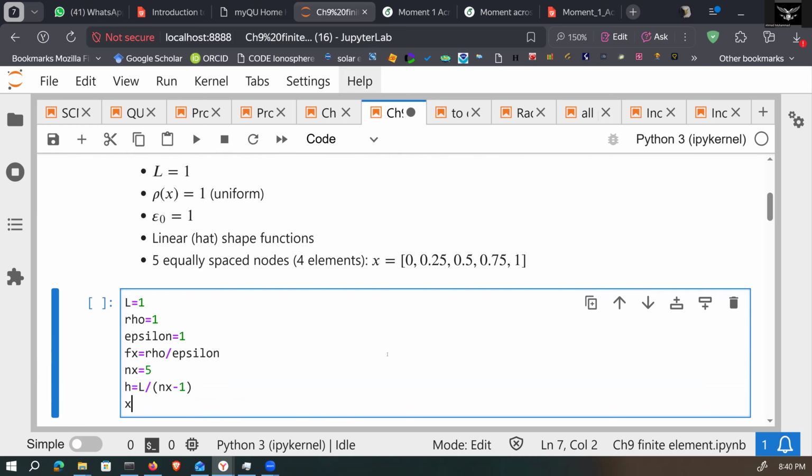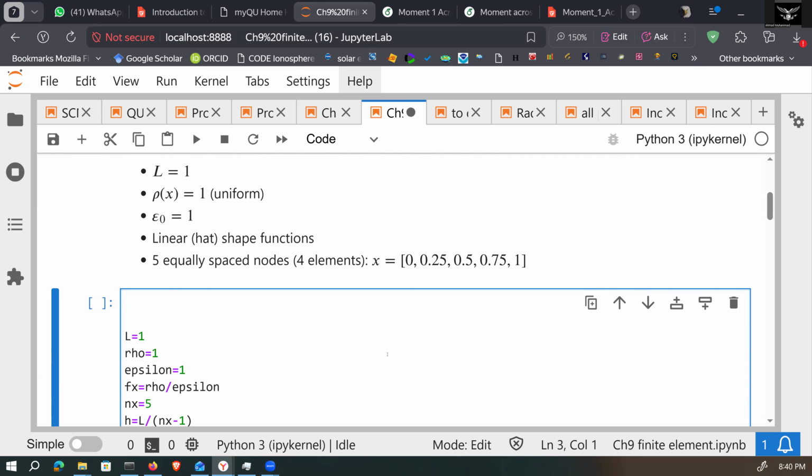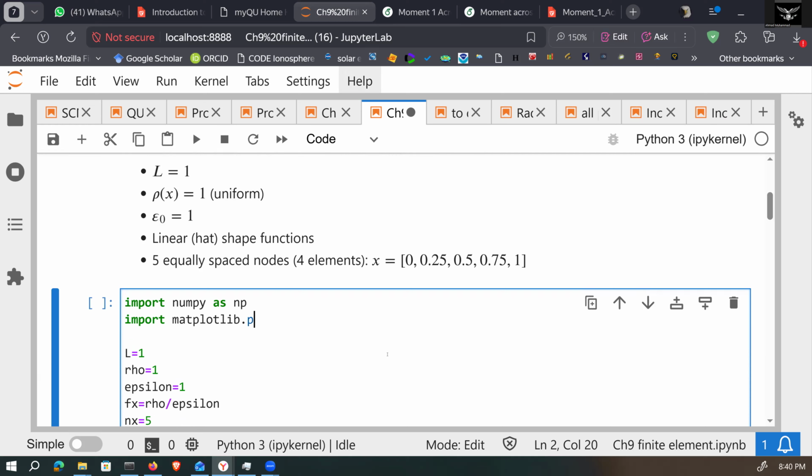Then we have x itself. Of course, I'm supposed to import the important tools. Import numpy as np for numerical calculations. Import matplotlib.pyplot as plt.